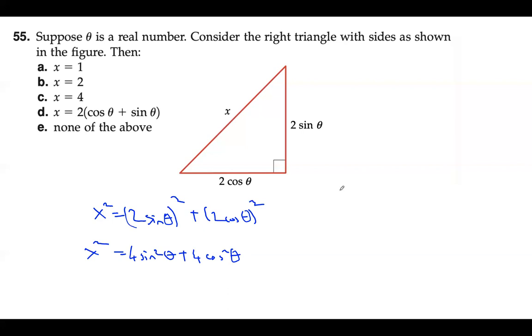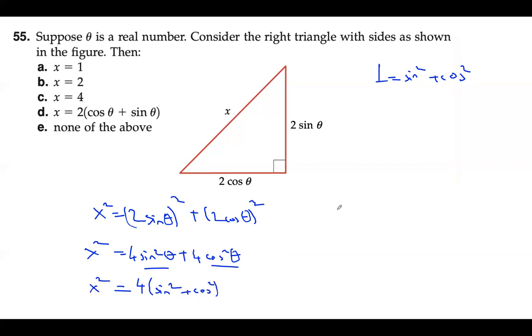Guys, if you remember, we said that 1 is equal to sine squared plus cosine squared. So in here, I need to take out 4. It's going to be like this, 4 times sine squared plus cosine squared. It is equal to x squared.